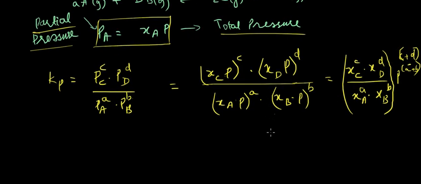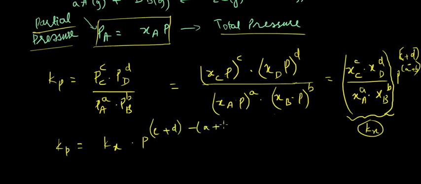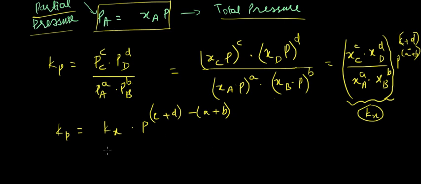So we can write Kp as Kx times P to the power (c plus d) minus (a plus b). So this is nothing but Kp equals Kx into P to the power delta ng.